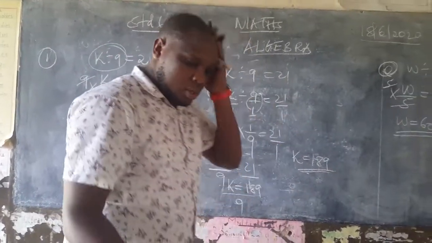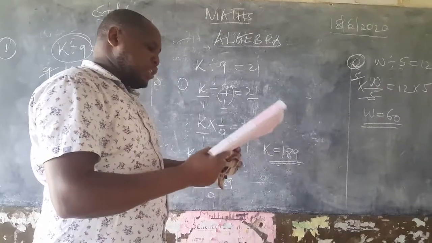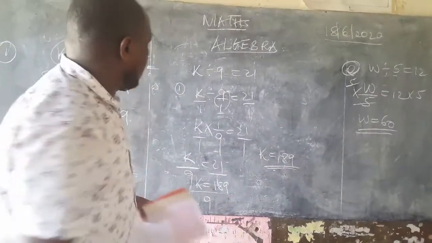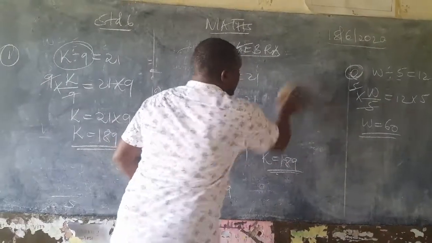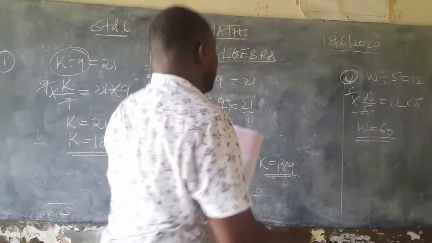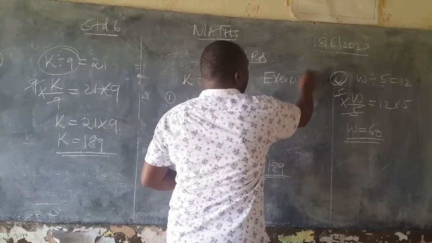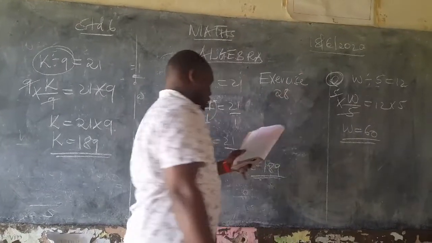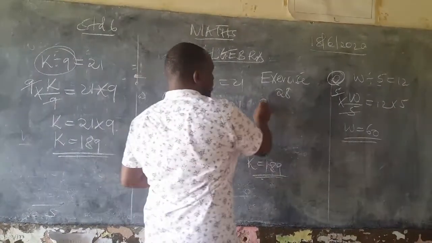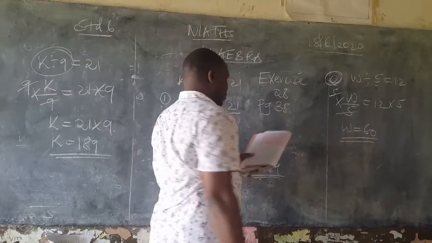So without wasting a lot of time, I want you to try exercise, let me write it here, exercise 28. Exercise 28. That is on page 38 of the primary maths.